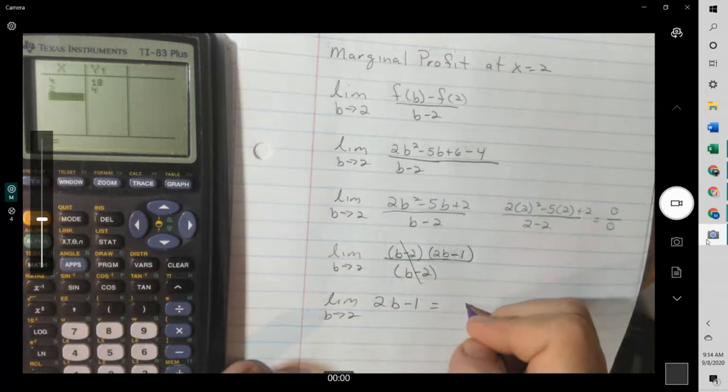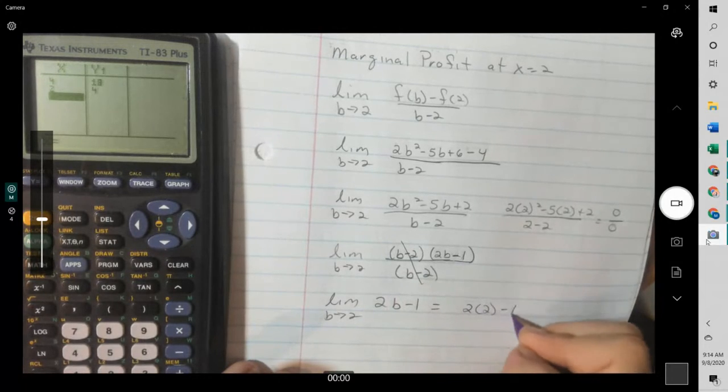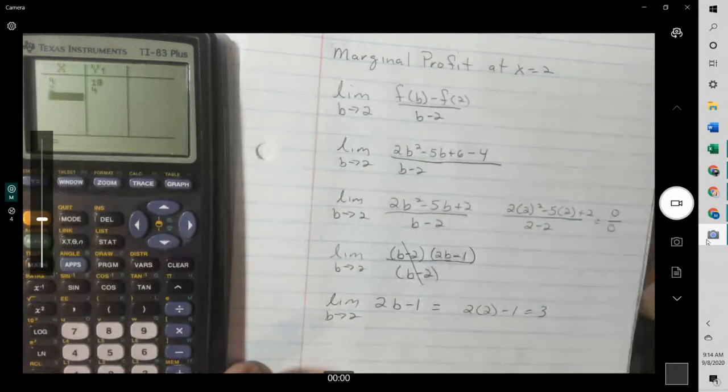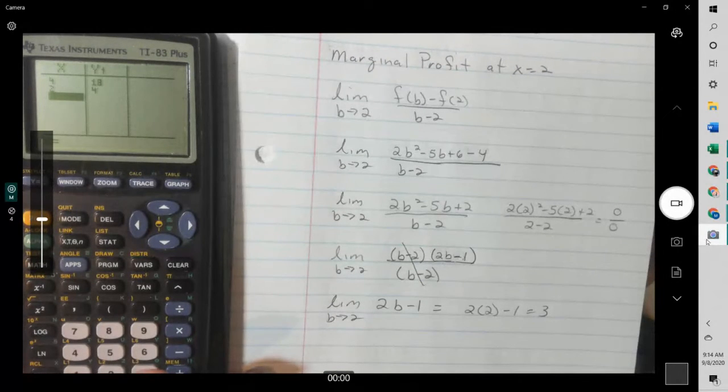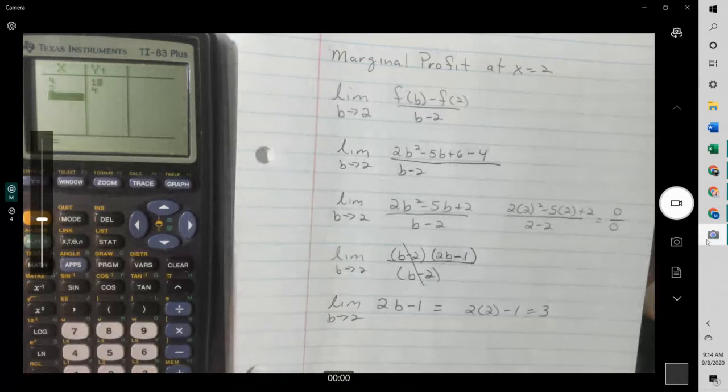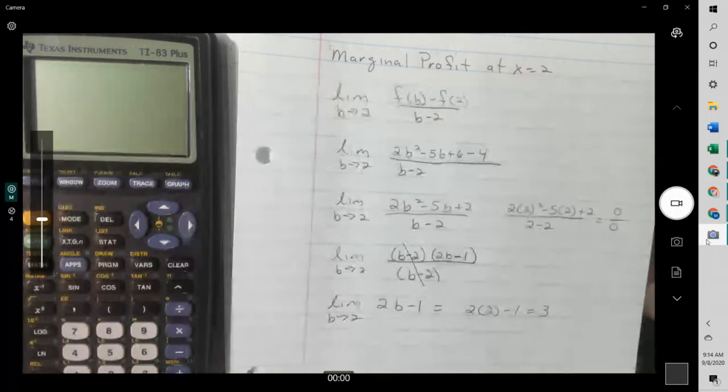Then plug your 2 in. 2 times 2 minus 1 is 3. So if we go one more unit, when we're at 2, it will still increase our profit, because it was in hundreds, by $300. So at 2 units, the next one would bring us an additional profit of $300.